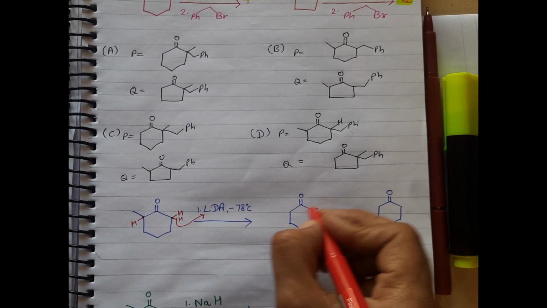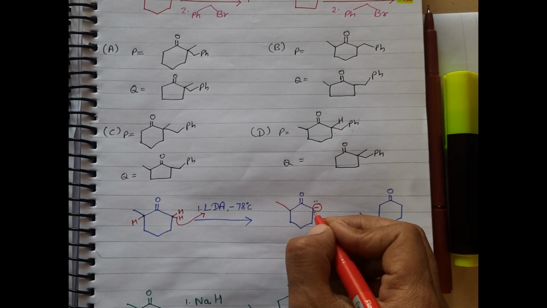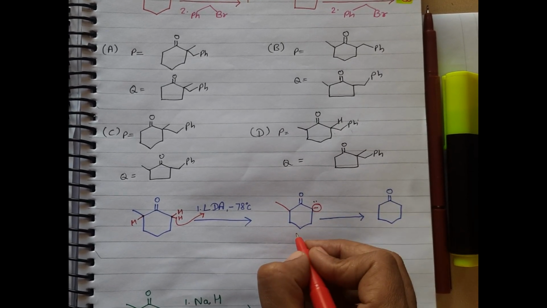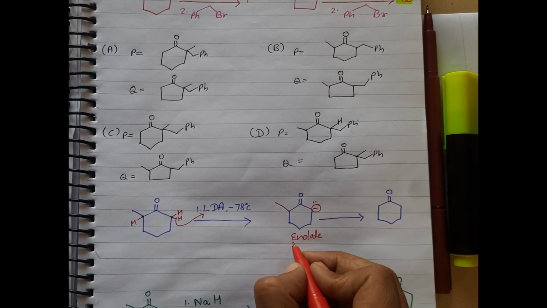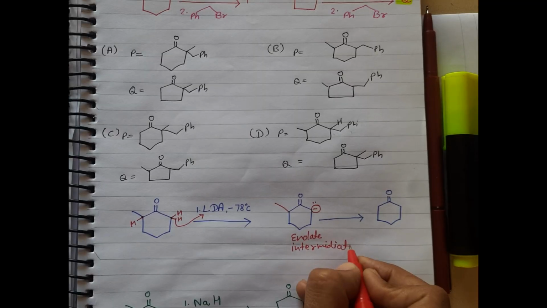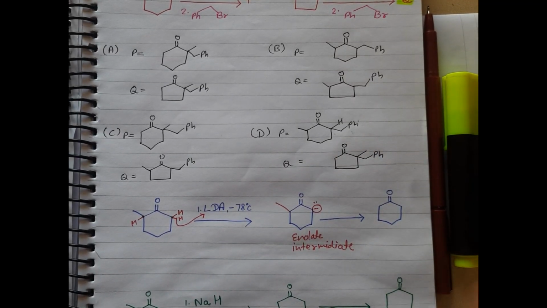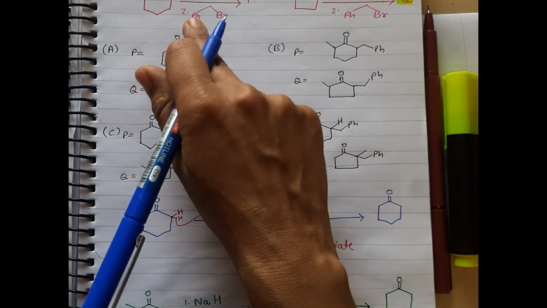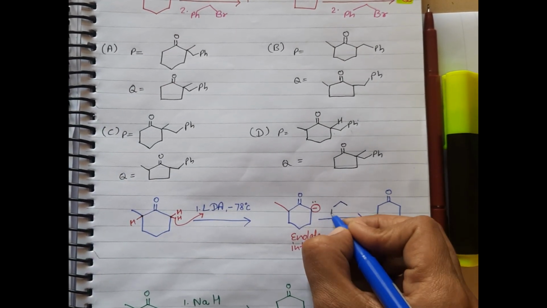and generates a negative charge here, and this is the enolate intermediate. In the second step, they give phenyl bromide, so we take phenyl bromide.